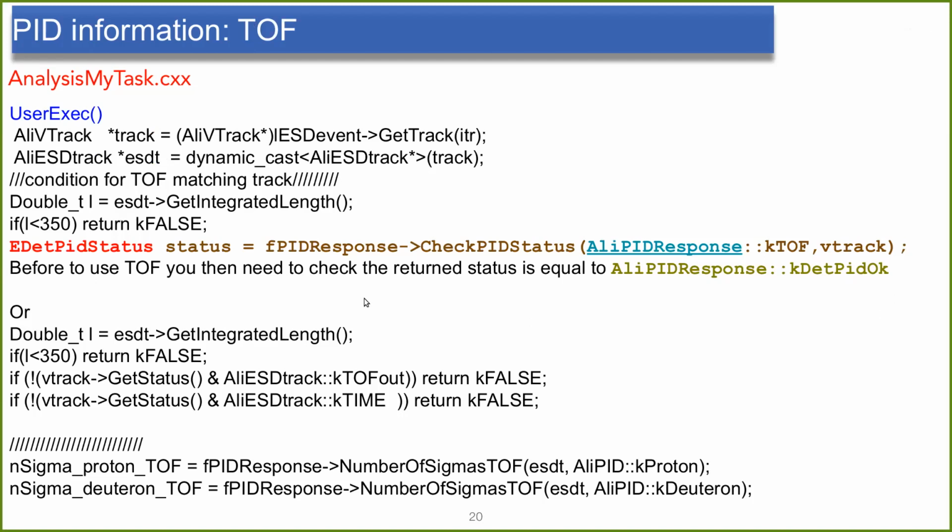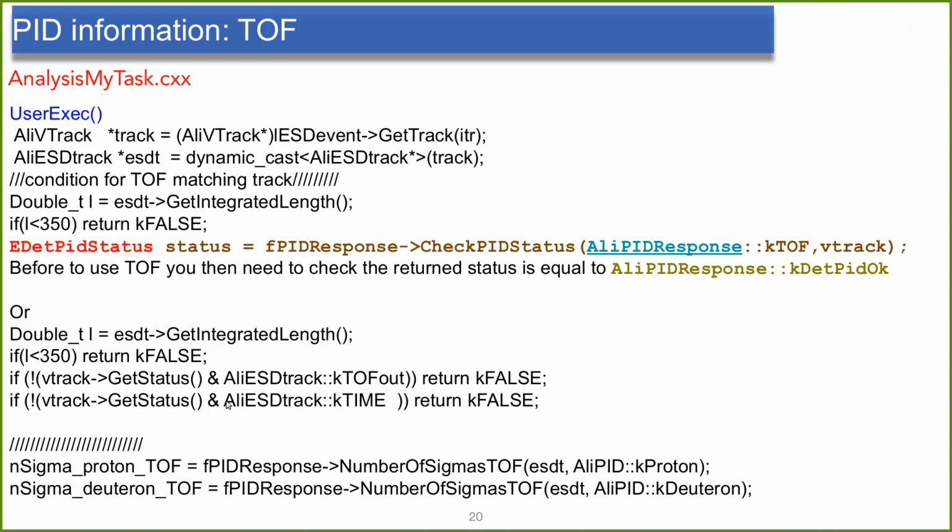Then you need to check if the status is okay or not. You can check that by just comparing with AliPIDResponse kDetPidOk. Or one can also do it in a different way, by checking two particular things, kTOFout and kTIME, which are associated with whether the track has any hit in the TOF or not.